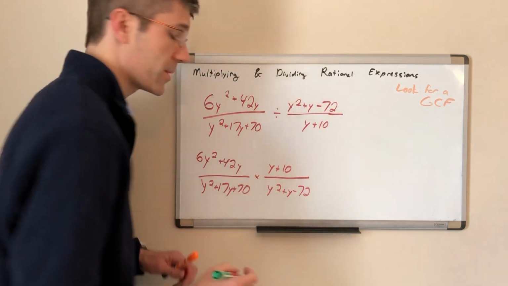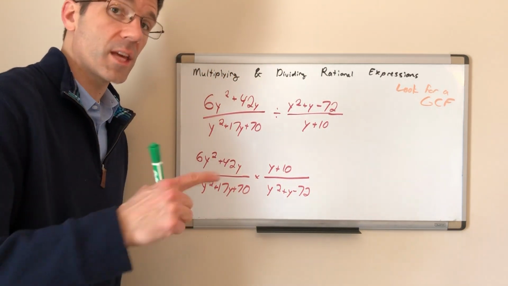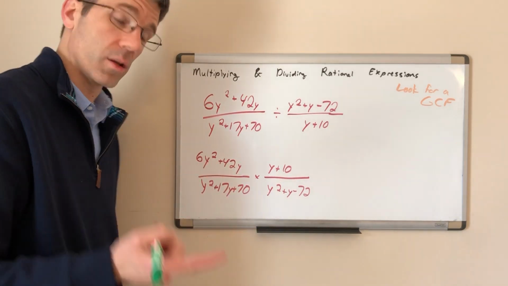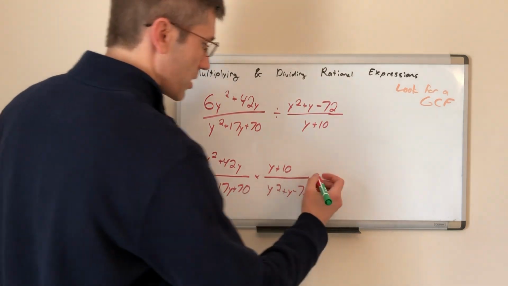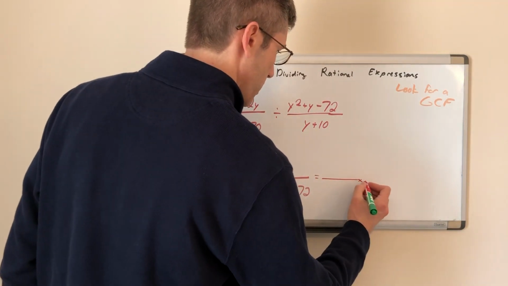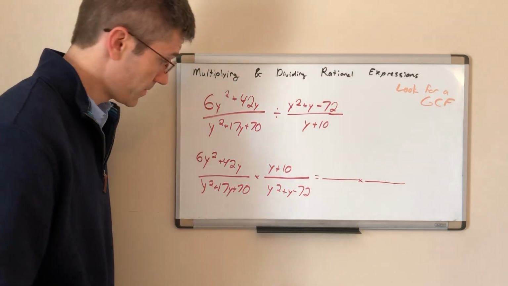If you're skipping this step, then you're already keeping, changing, flipping, and factoring all in one. I'm not doing that. It's a fraction times a fraction.